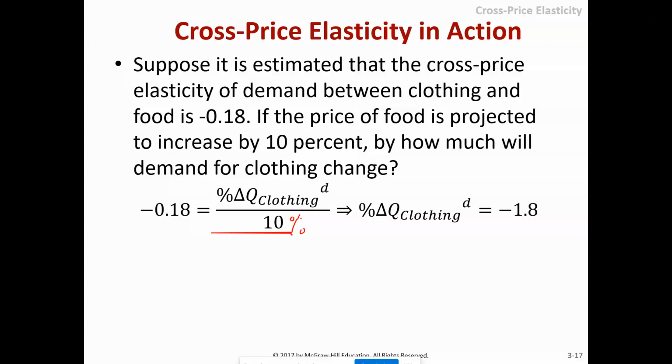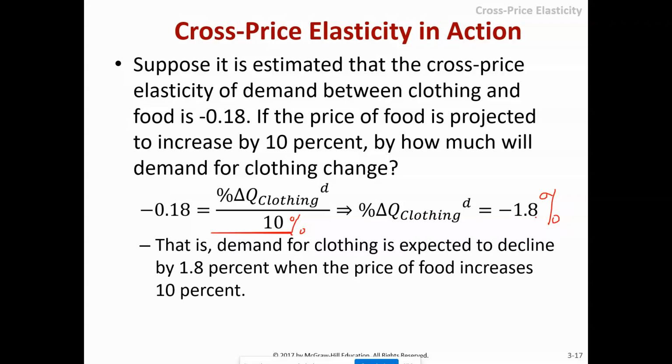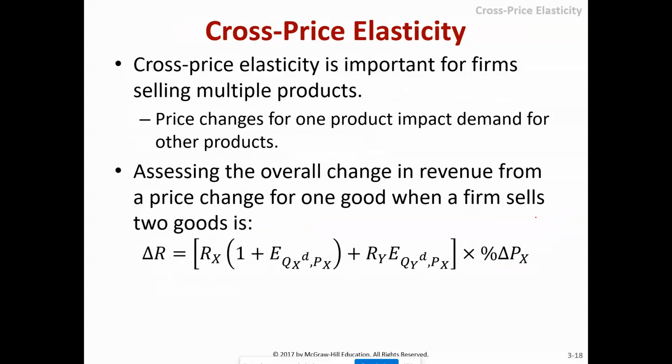Okay, 10%. What we do about percent, you just copy it. Only worry about the numeric part. 10 multiplied by negative 0.18 is negative 1.8. So the interpretation is demand for clothing is expected to decline by 1.8% whenever the price of food increases by 10%.